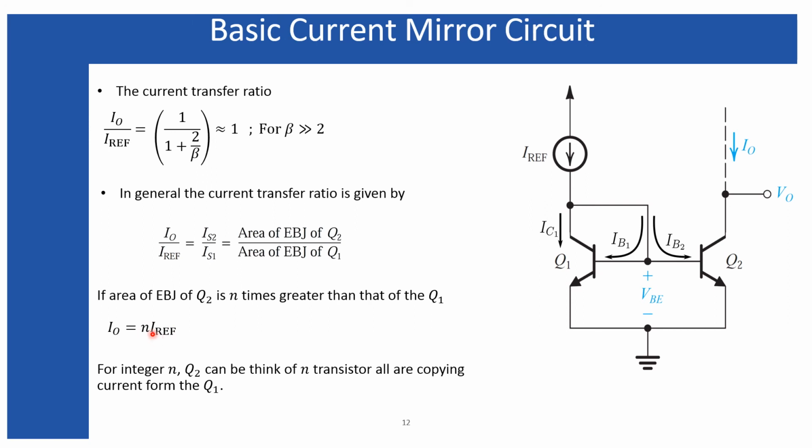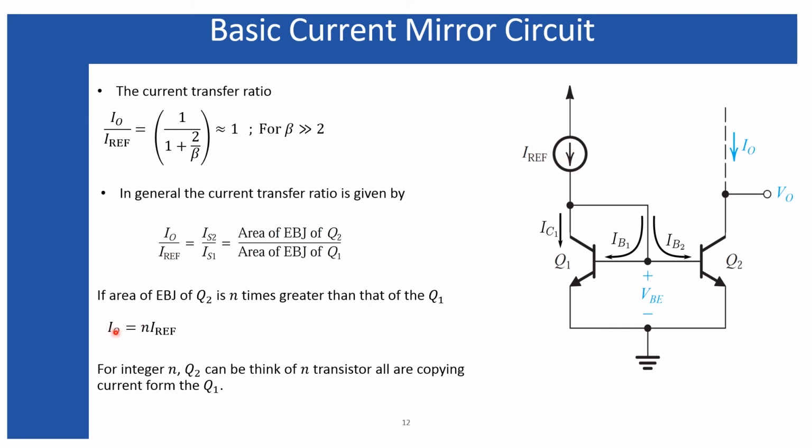Now, if n is an integer value, then you can think that one transistor having a wider emitter base junction area than Q1 is actually equal to n transistors, each having an equal emitter base junction to transistor Q1, parallelly drawing equal current from this one reference current.